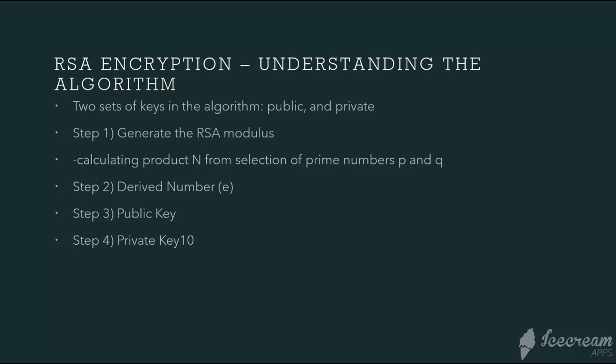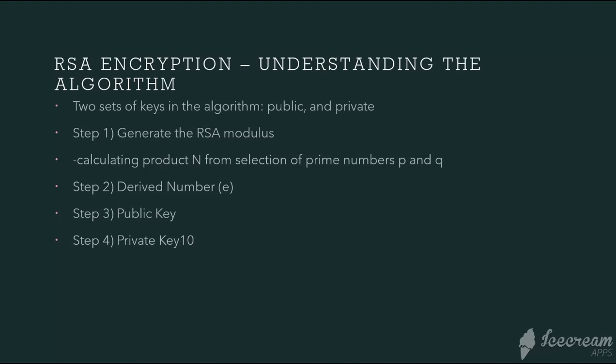And so the public and private key algorithm is the most complex part of RSA cryptography. Basically, in order to break down these variables, it can be explained in two parts, for the public key and the private key.